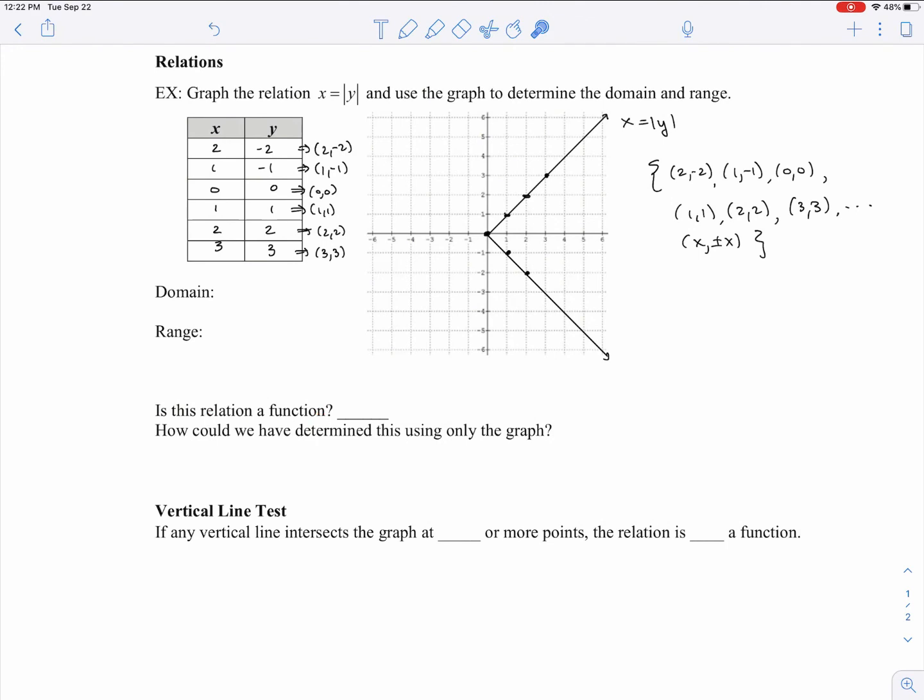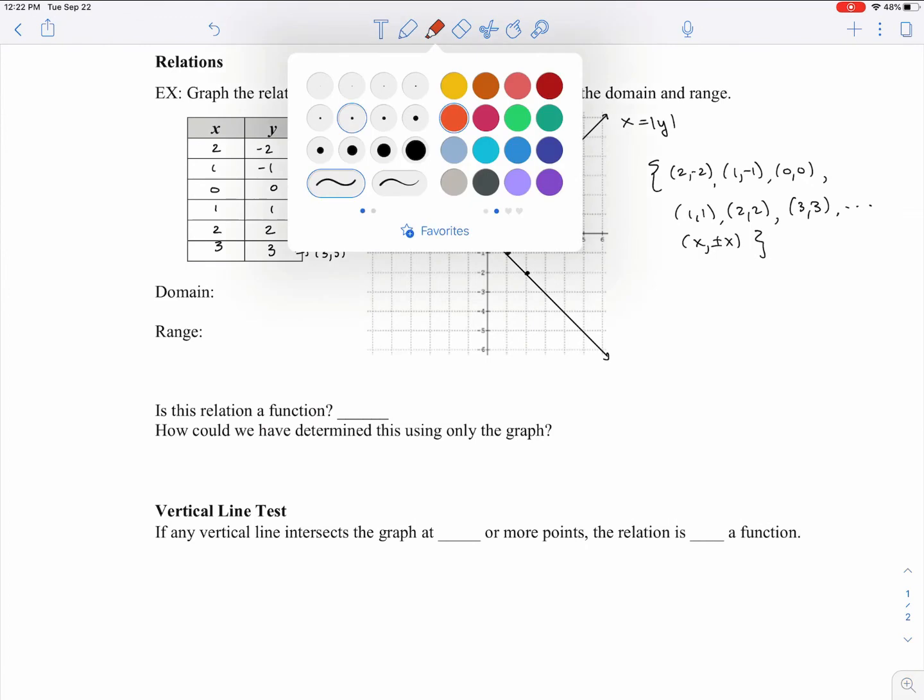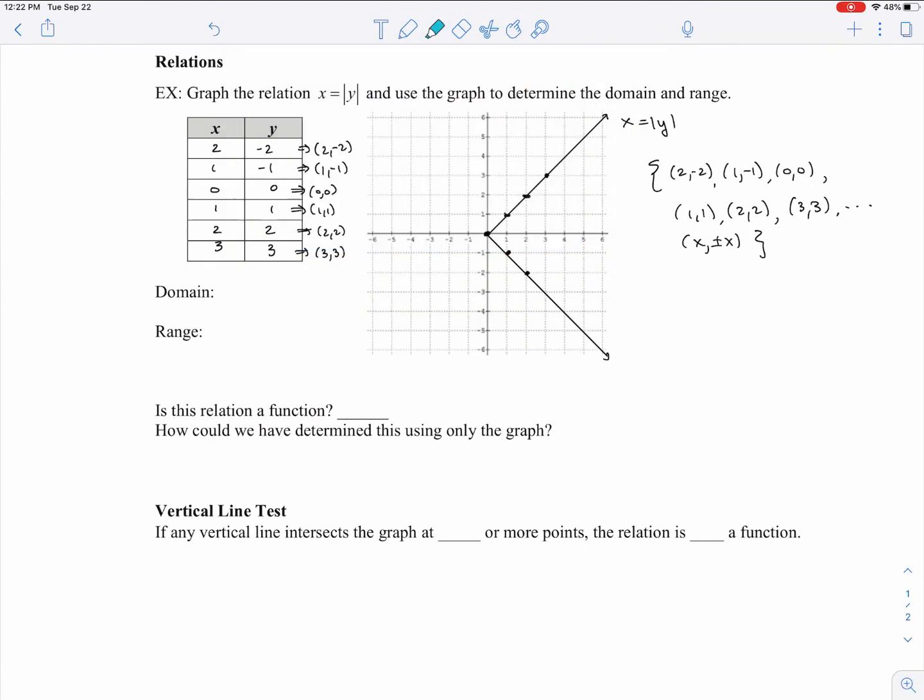Is this relationship a function? As far as looking at this as a collection of just ordered pairs, the answer is no, because here is the input 2, and here is the input 2. Same input, but it is associated with different outputs. And those aren't the only two ordered pairs that have that issue. Just about every ordered pair has a twin here.